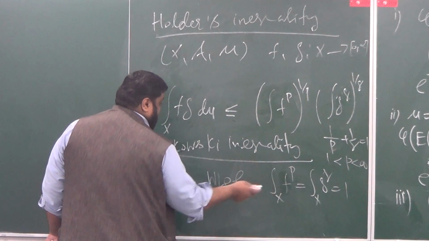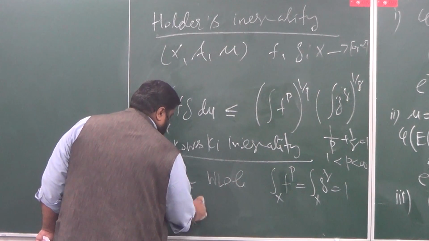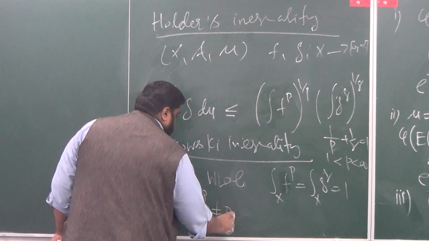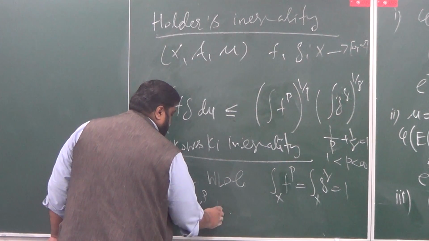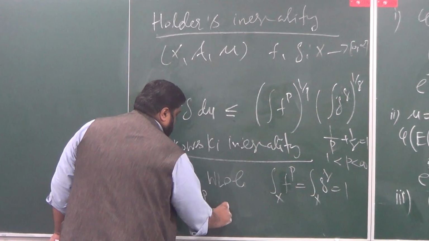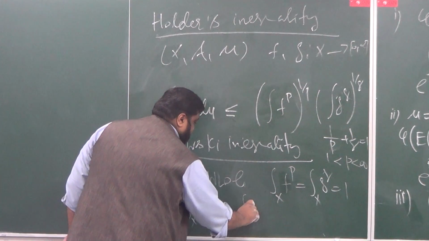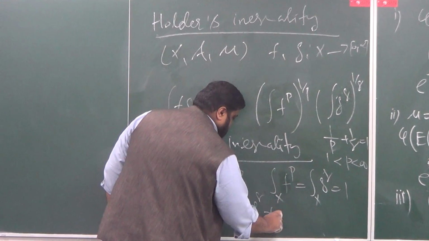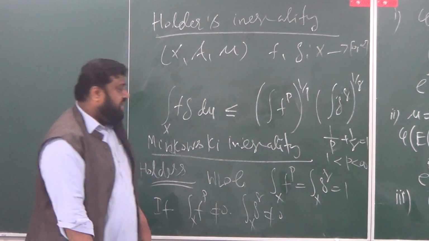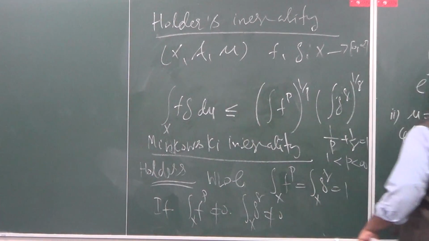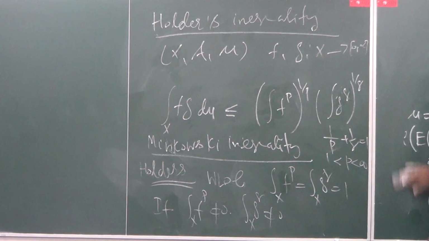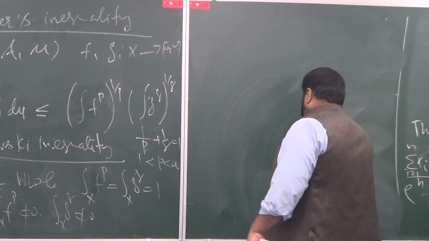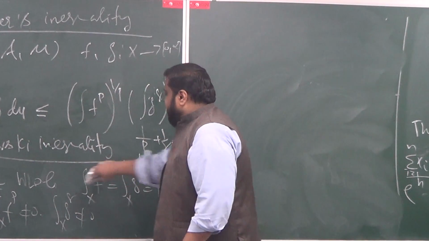And if they are not 1, in other words, they are non-zero. Both f and g are non-zero. So if they are non-zero, then I can write a function that's going to mimic or give you this inequality.